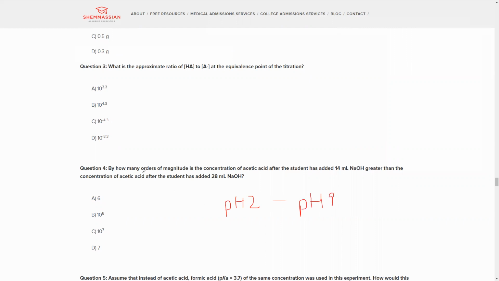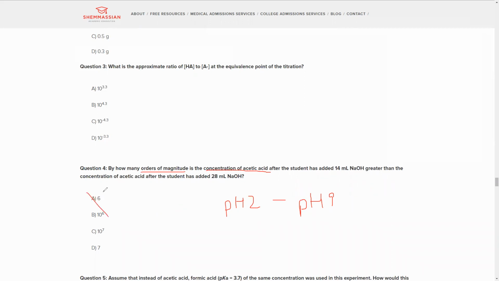They're asking for orders of magnitude of concentration of acid. First of all, between 9 and 2, what's the difference in value? 9 minus 2. 7, right?